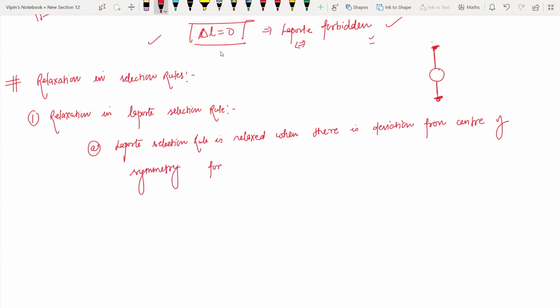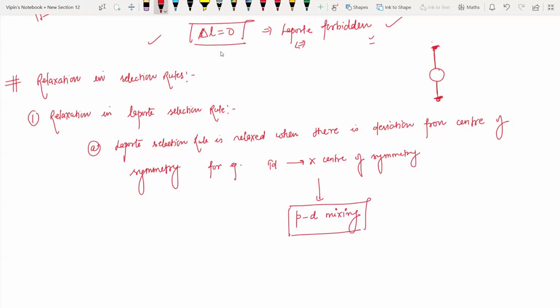For example, tetrahedral complexes do not have a center of symmetry. As they do not have a center of symmetry, there is possibility of p-d mixing in tetrahedral complexes.